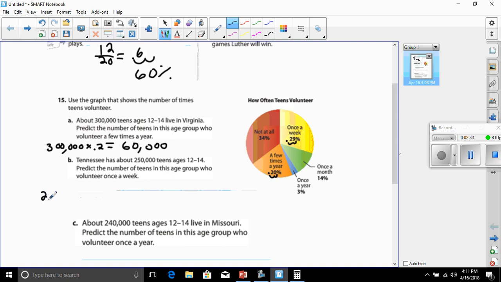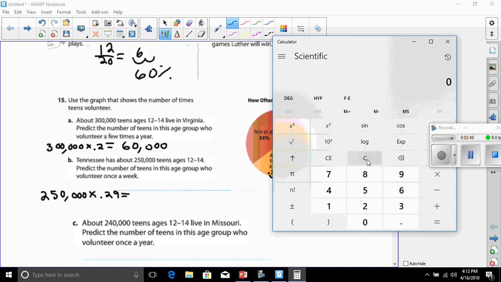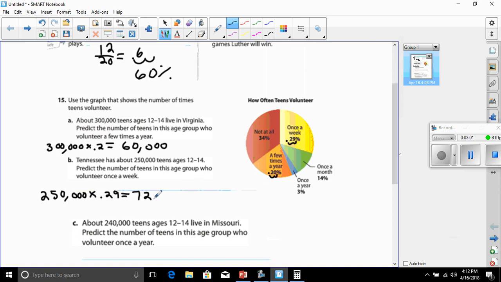So we're going to have 250,000 times 0.29. Let's use our calculator again. 250,000 times 0.29 gives us 72,500.